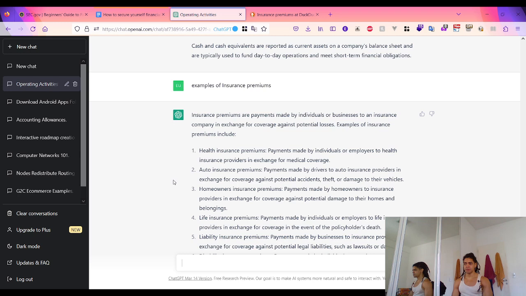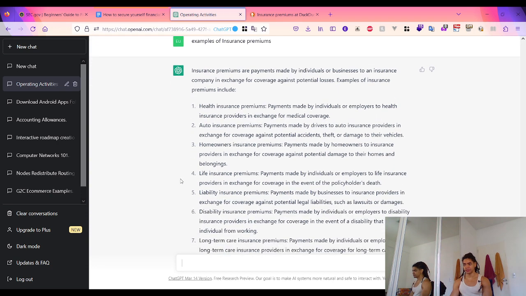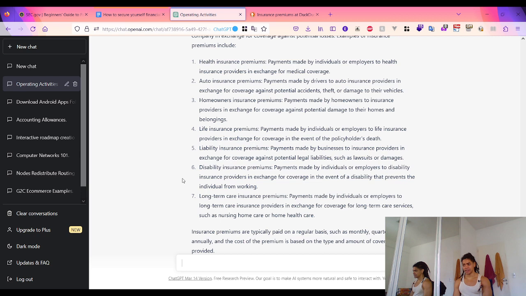So when they say insurance premium, it can be health insurance, auto insurance, homeowner insurance, life insurance, liability insurance, disability insurance, long-term care insurance.